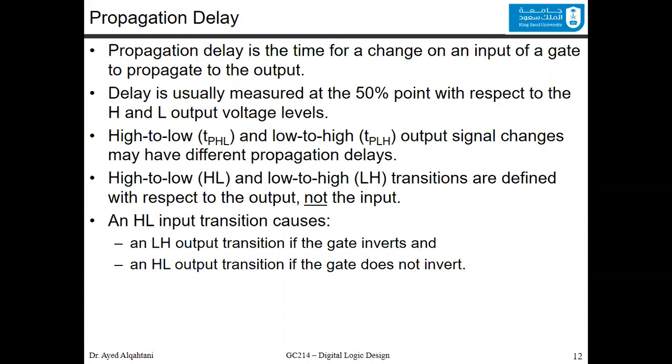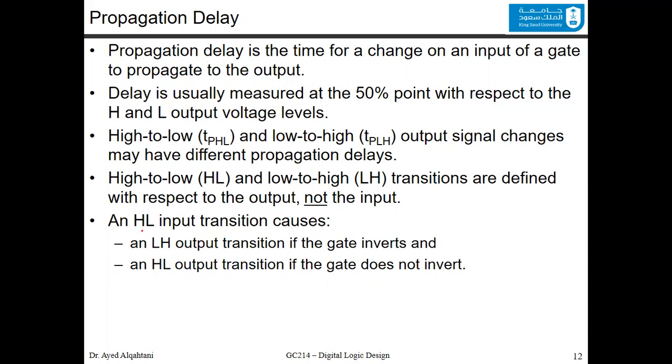And to find a unified propagation delay for a certain gate, you might use the maximum or the average of those delays. The high to low and low to high transitions are defined with respect to the output.